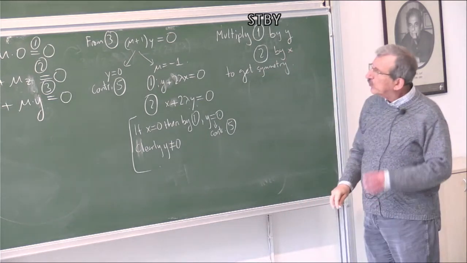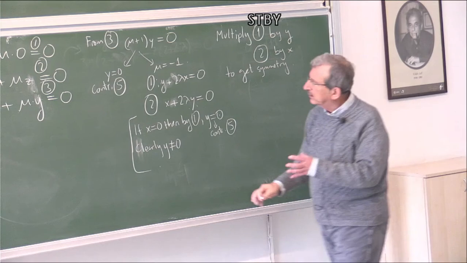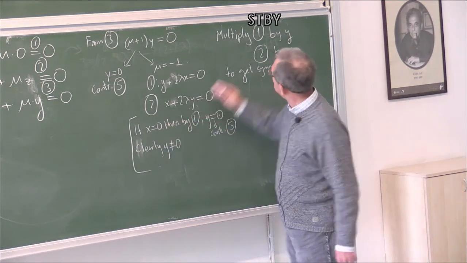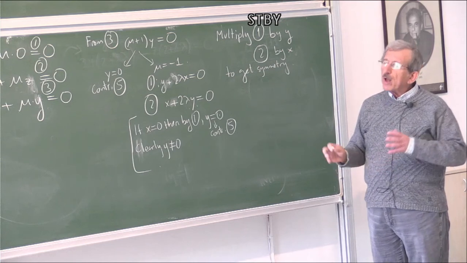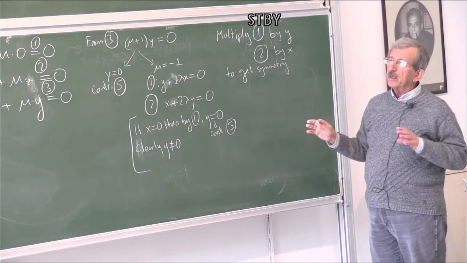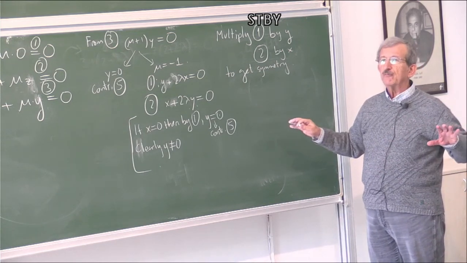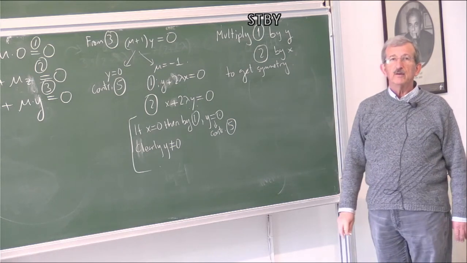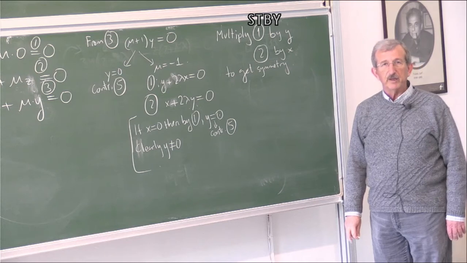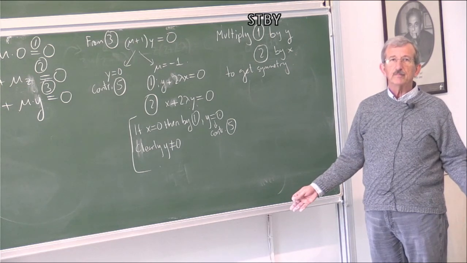Why do we want the factors x or y to be non-zero? Well, because of the following. If you have an equation, and if you multiply both sides by a 0 value, what remains? Nothing remains. 0 is equal to 0.